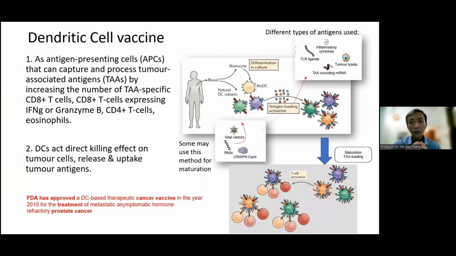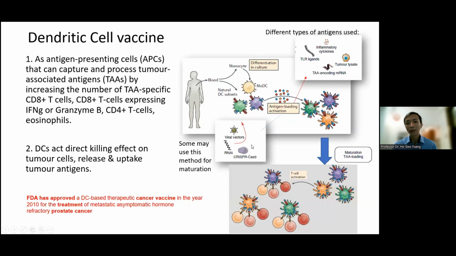If you want to use dendritic cells as a vaccine, they are antigen-presenting cells that capture the tumor-associated antigen, which you can present to the immature dendritic cells, for example in the form of tumor lysate, or an mRNA vaccine with the tumor-associated antigen, or toll-like receptor ligands, which are pro-inflammatory.